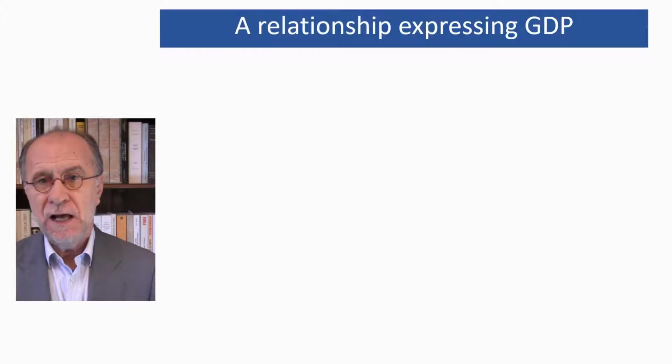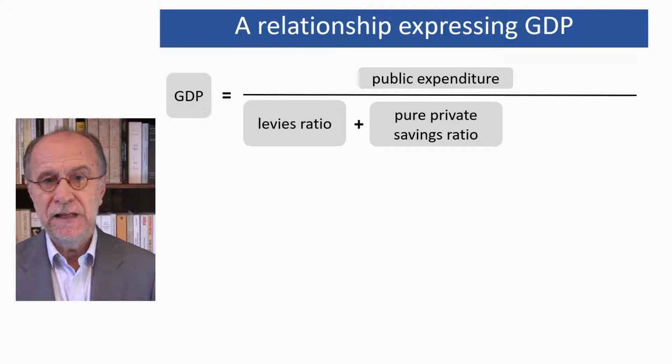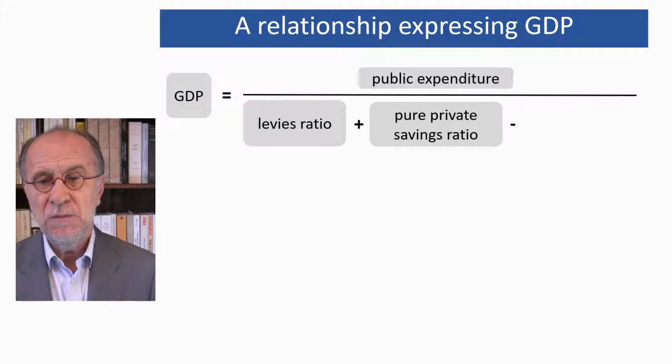The resulting relationship expresses GDP as total public expenditure divided by a denominator formed by three terms: the public levies ratio, the pure private savings ratio, and the external balance ratio.